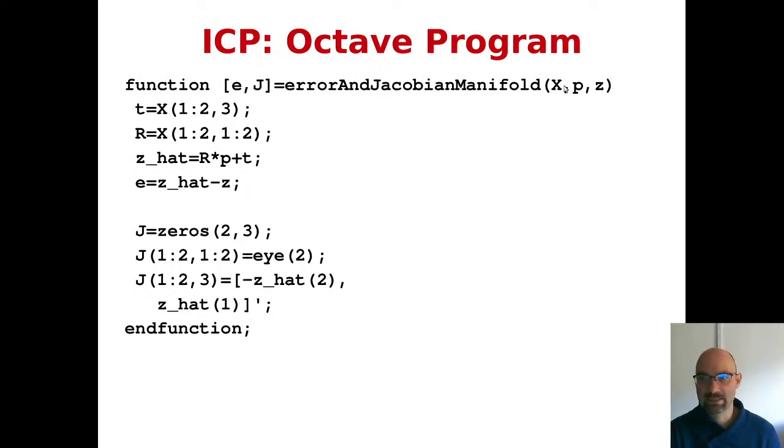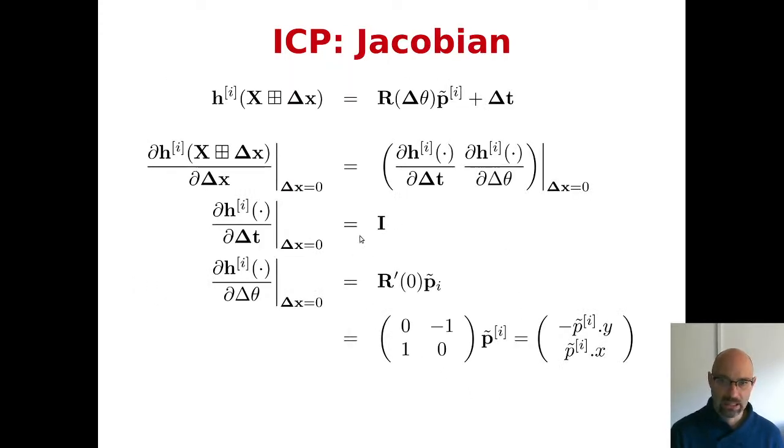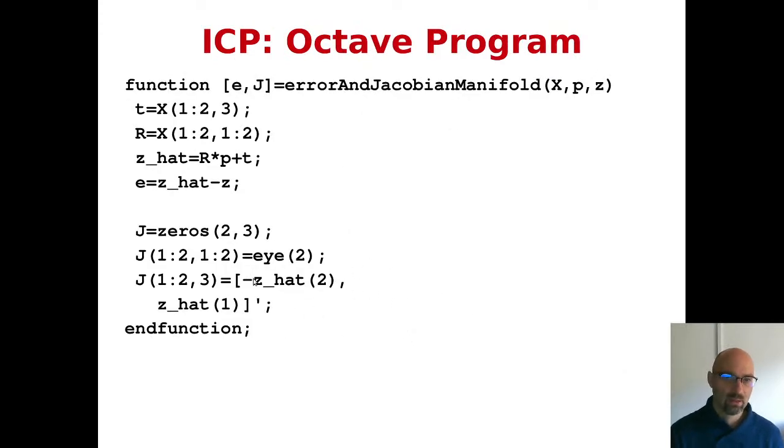This function takes x, which is my transform this time, so a rotation transformation matrix, takes a point and a measurement, calculates the prediction, calculates the error, and calculates the Jacobian according to these equations over here. In the first two blocks you find the identity, and in the last column you find z hat, my p prime, p tilde. You find minus z hat the y component and z hat the x component.